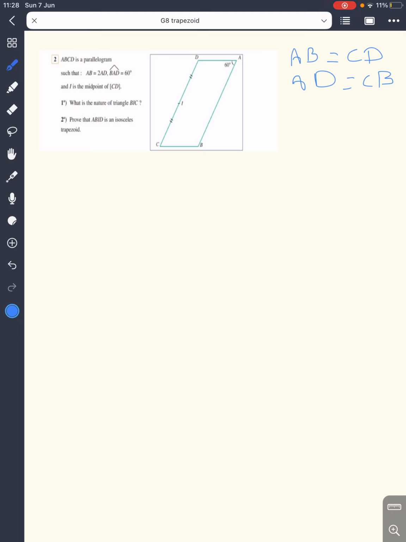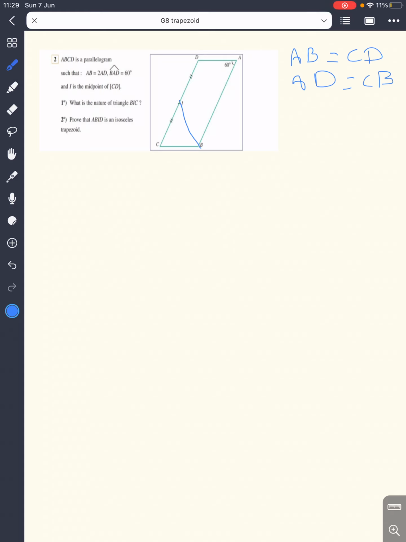I is the midpoint of CD. Now, what's the nature of triangle BIC? If I join vertex I to vertex B, we get a triangle BIC. What is its nature?